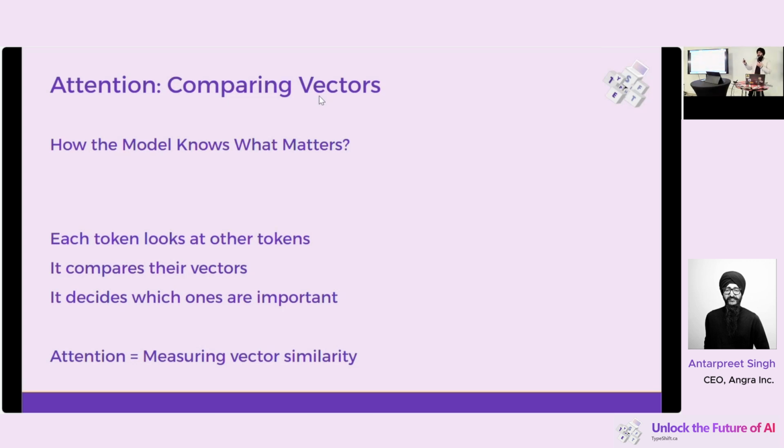Then it compares their vectors. Vectors are just the numbers that are stored in the model. And it says, these numbers are closer together, so this might be more likely an answer. And then it decides which ones are important based on the distance. So attention is just measuring the vector similarity. If these vectors are similar, then the LLM will provide that as one of the answers.